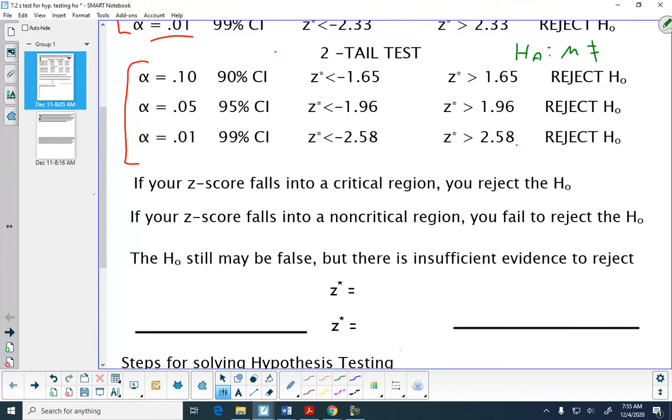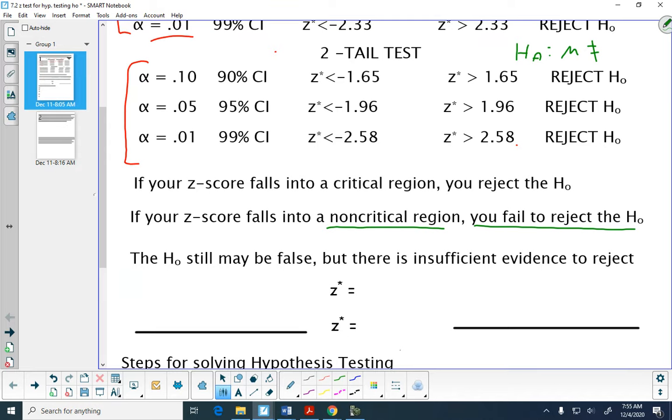If your z-score falls into a non-critical region, you're going to fail to reject the null hypothesis. You have two options here when we do our hypothesis testing. We will either reject the null hypothesis or we will fail to reject the null hypothesis.